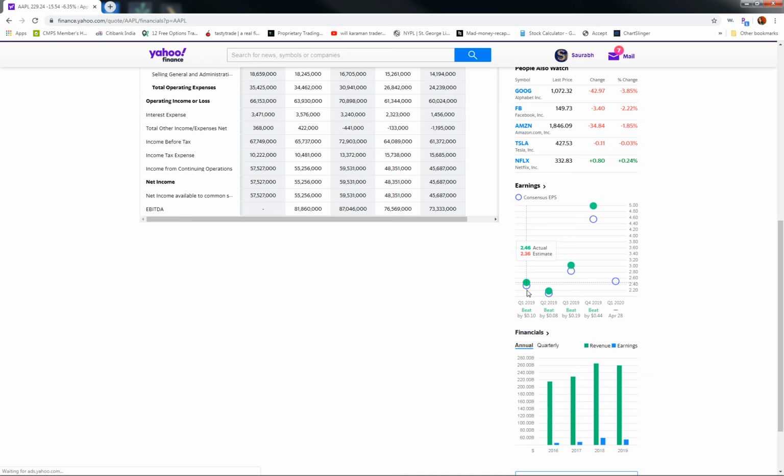At the bottom you can see they beat the analysts by 10 cents, 8 cents, 19 cents, 44 cents. So we know this company is heading in an upward trend, because it just keeps beating expectations. That's a very good sign of a good company that is doing what it's supposed to do.